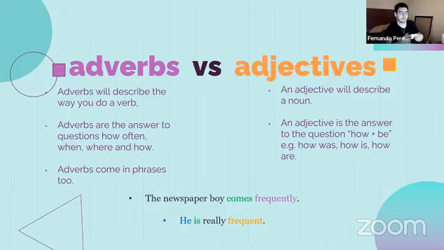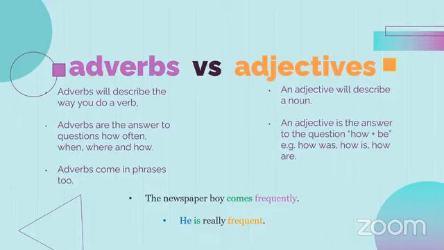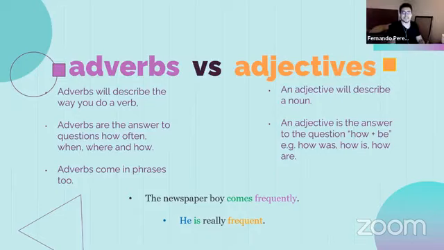Okay, so repeat. Where do you keep your phone? I usually keep my phone on a little table that I have next to my bed. The expression on the little table next to my bed is an adverb phrase.